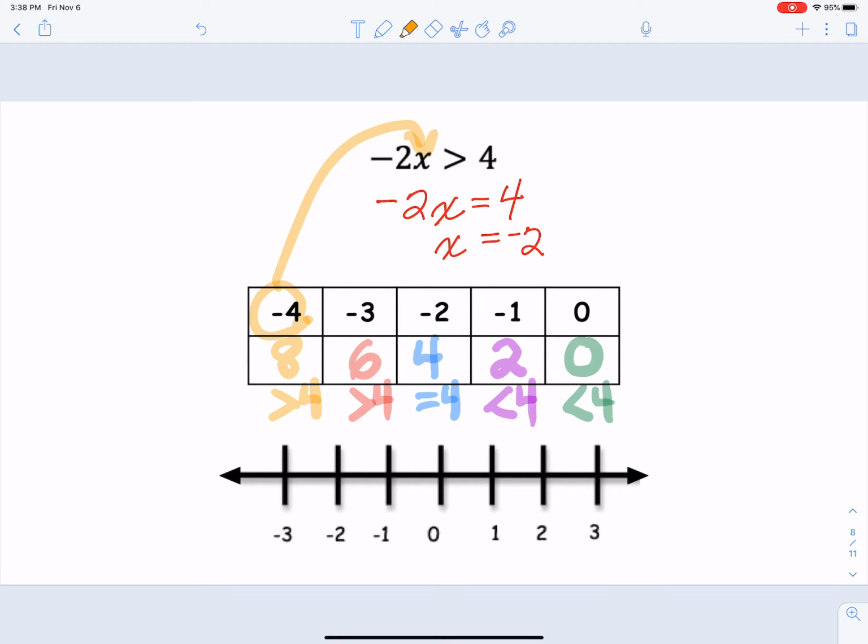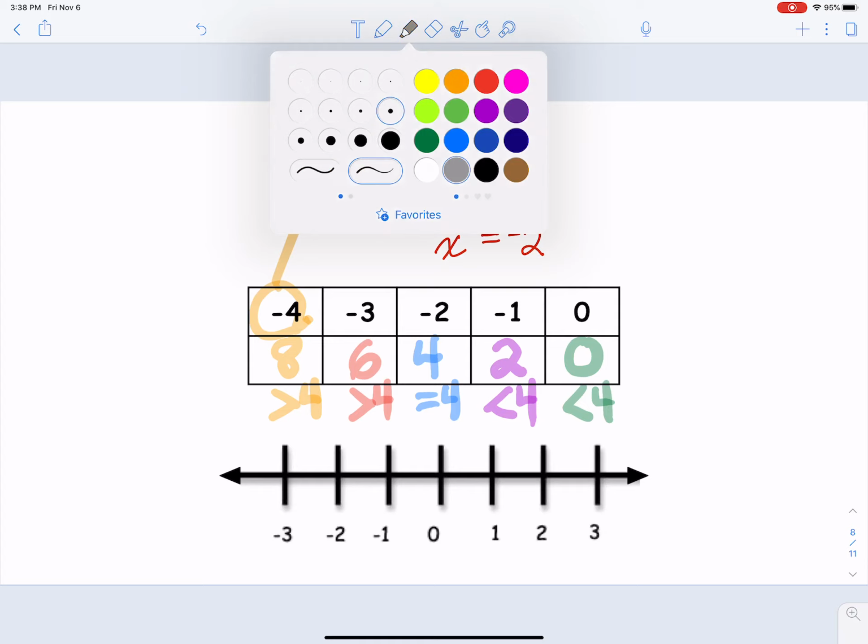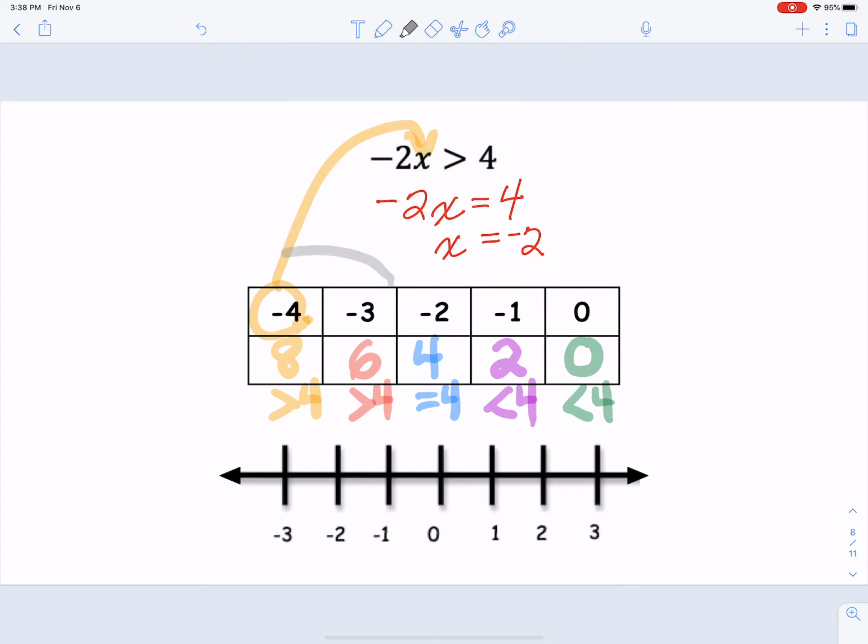So if we look at our values, the only values that work in this chart are -3 and -4. But of course, any value that isn't an integer that is less than -2 is going to work.